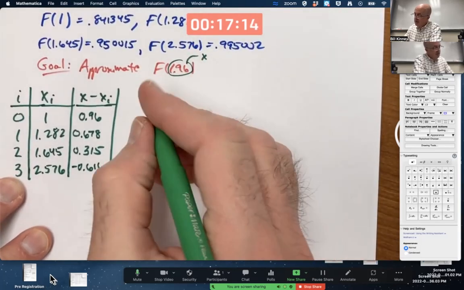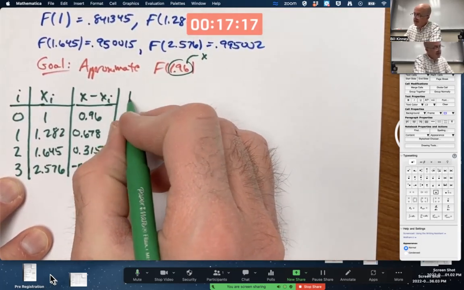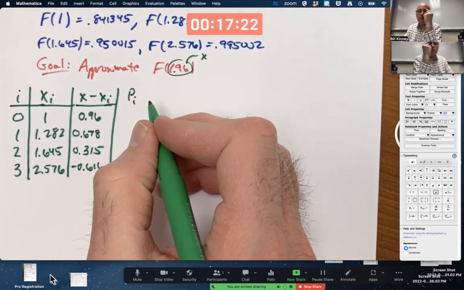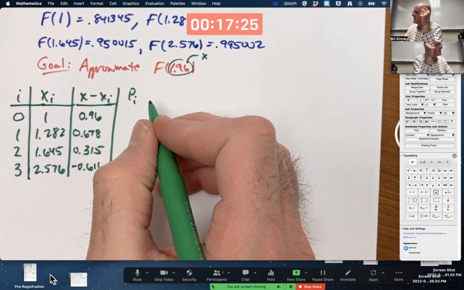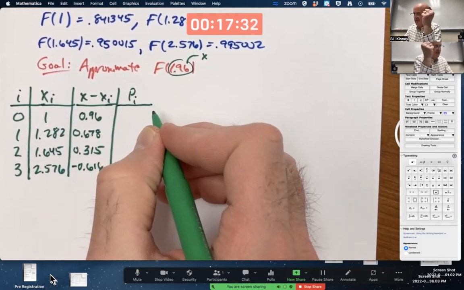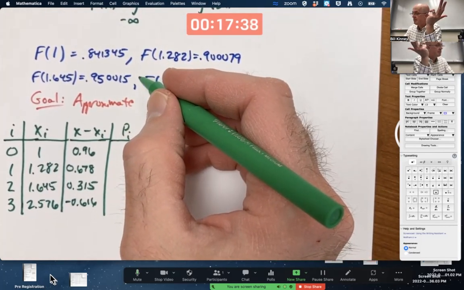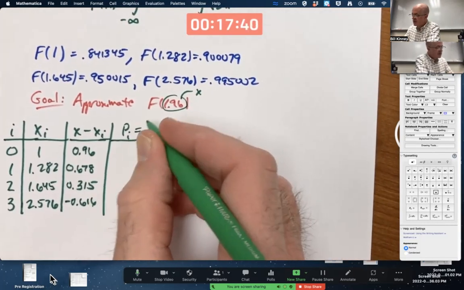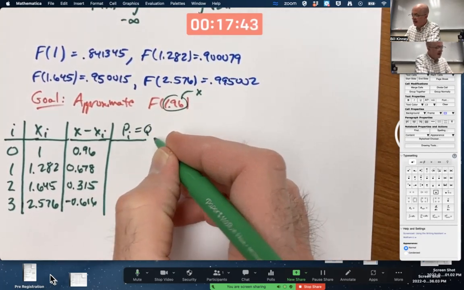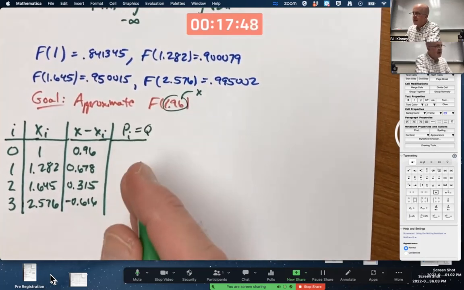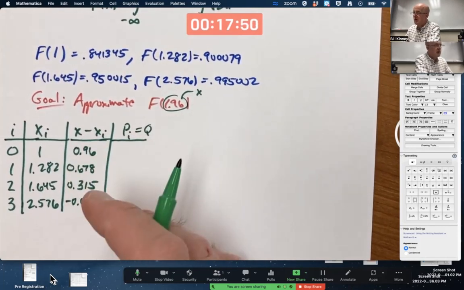All right, remember what comes next. It's the Ti's, which are function values. These are essentially 0th degree polynomial approximations, which are constant functions. It's just the y values. It's just these numbers that I already have. It's the data. In terms of the Q notation, that's the first column, 0th column, but different rows.